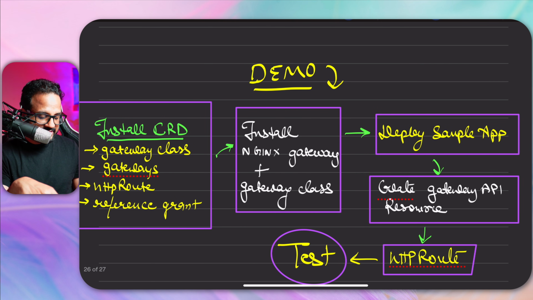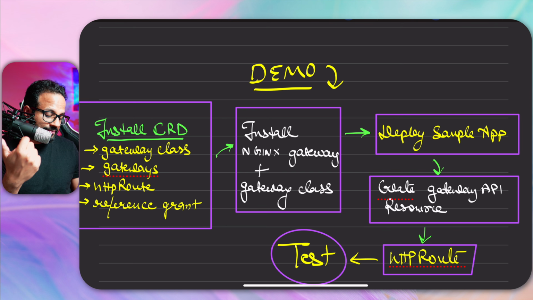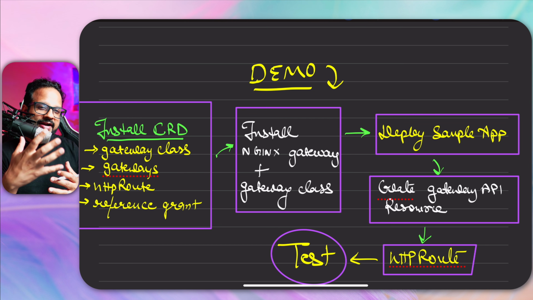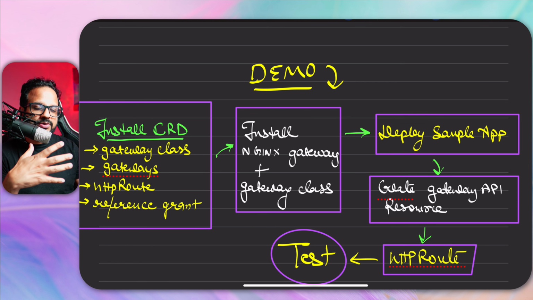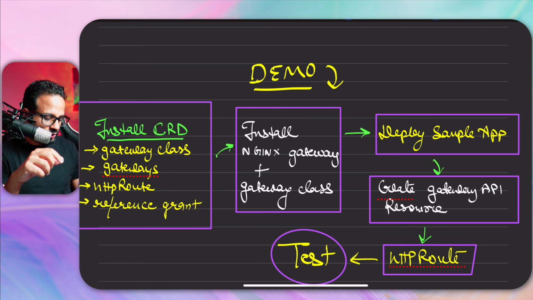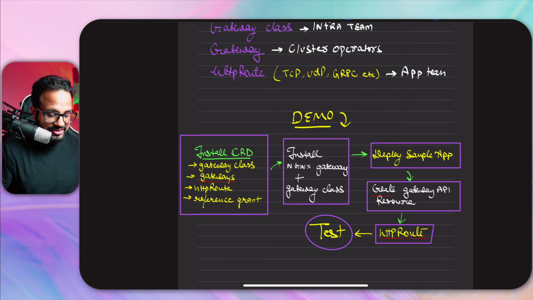Then we'll install Nginx gateway and gateway class, and then we'll deploy a sample app. We'll create the gateway resource itself, and then we'll also configure an HTTP route to receive traffic on a certain port and redirect it to a certain port based on the HTTP route, and then we'll validate these changes.